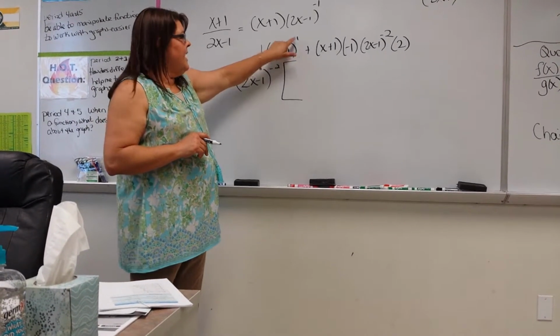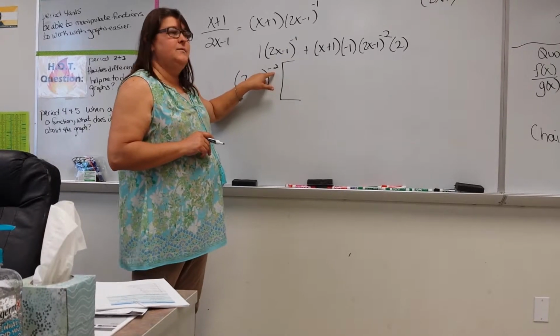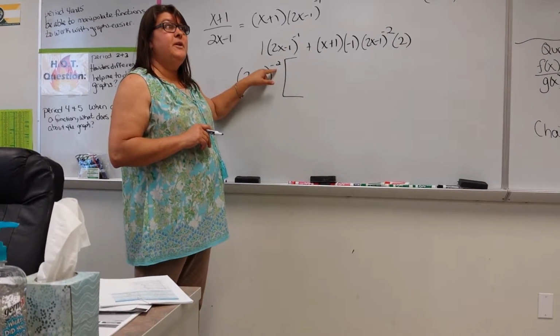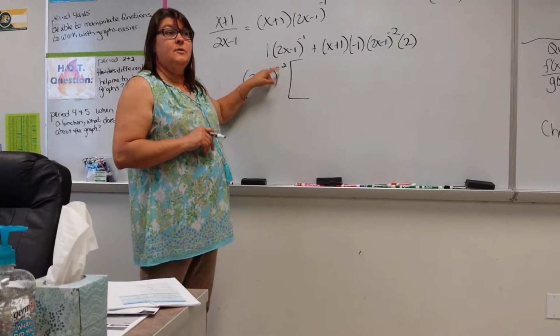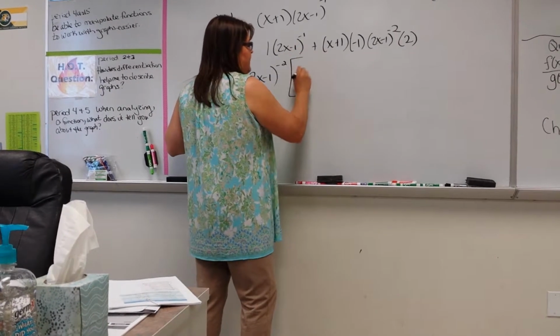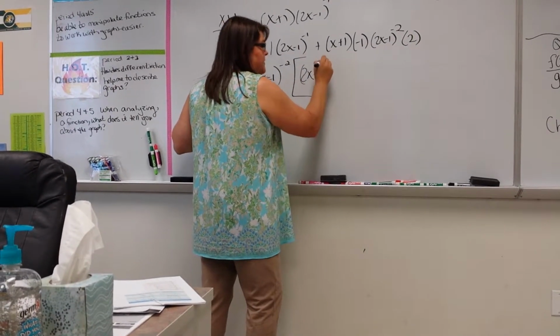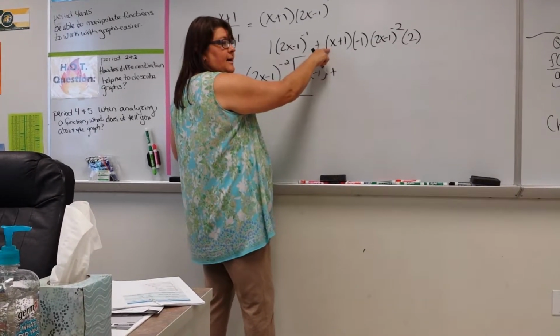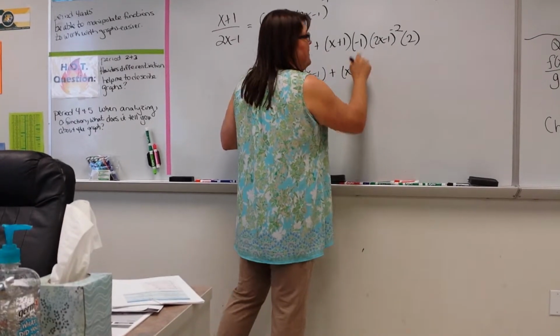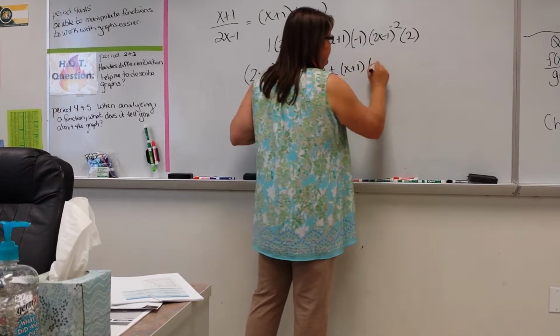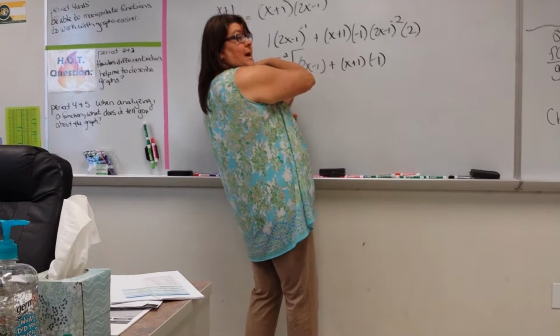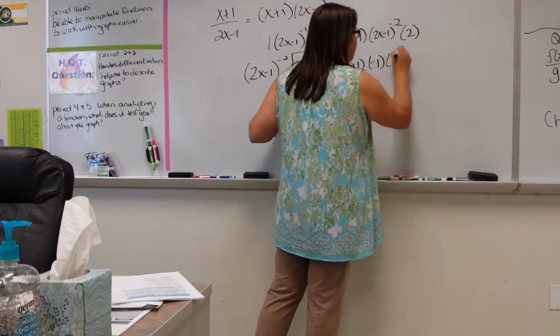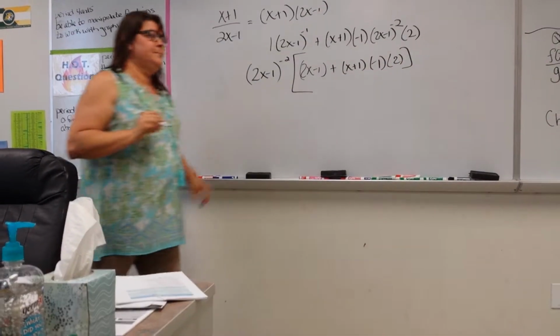So -1 minus -2, which is -1 plus 2, is 1. So what I'm left with here is 2x minus 1 to the 1 whole. Plus, we didn't do anything to this guy. This has been pulled out, so it's 1 times that. Are we good so far?